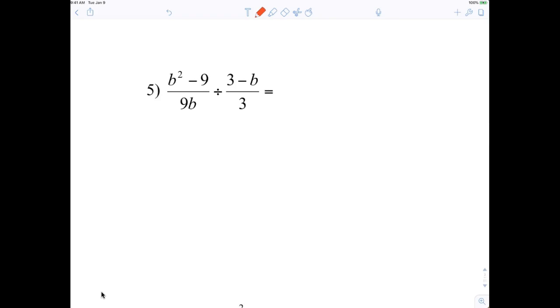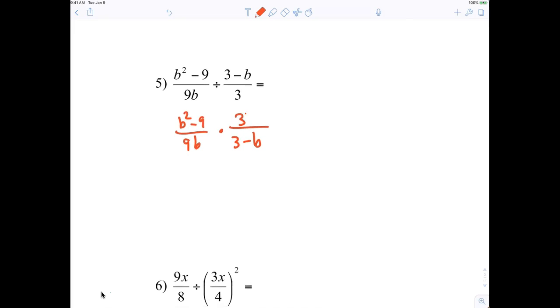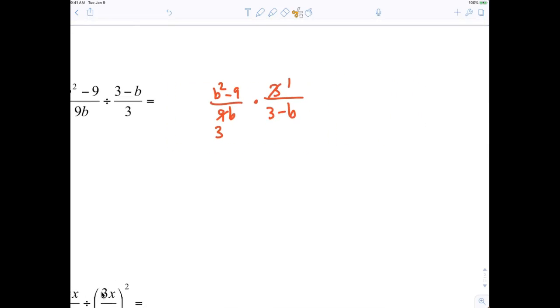Tyler, you have to make it so reciprocal. Reciprocal. Right. The number is minus b. Hold on a second. Now what do I do? Use the 9. Good. The 3 comes to 1, and then comes to 3. Now what? You can factor.